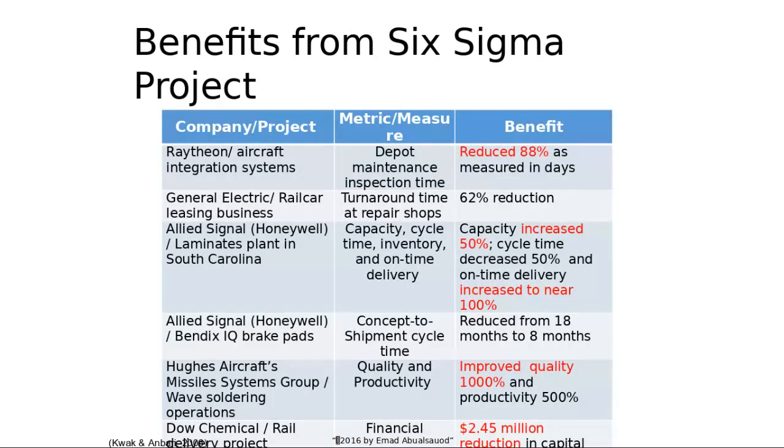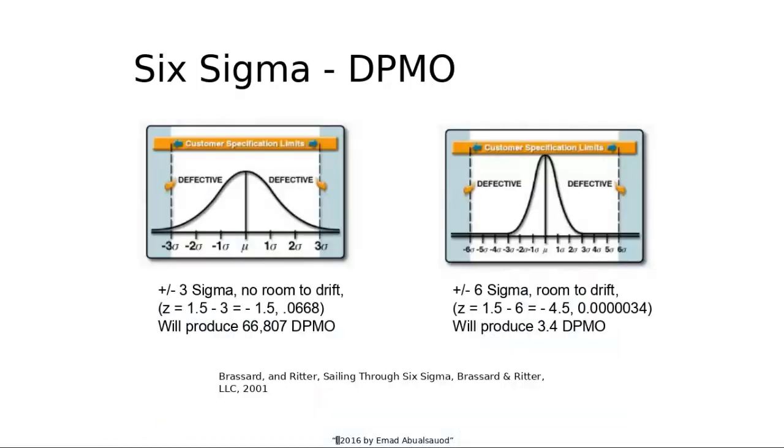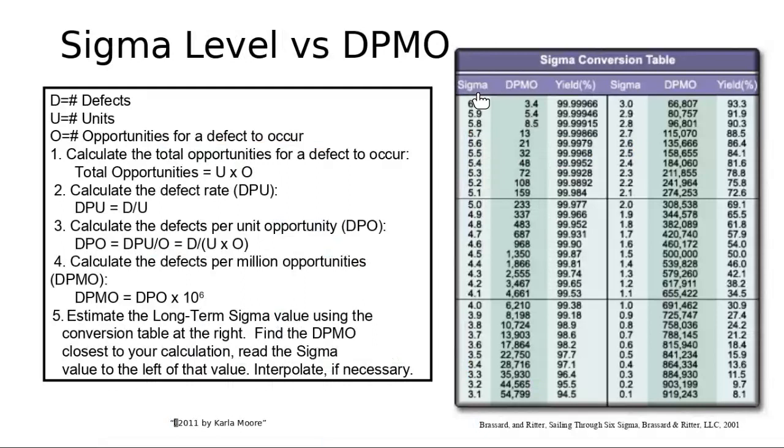To give a better view of that, let's see this table. This is the sigma level here on the left column, and here is the defects per million opportunities. At the 6 sigma level, you will have only 3.4 defects per million opportunities.